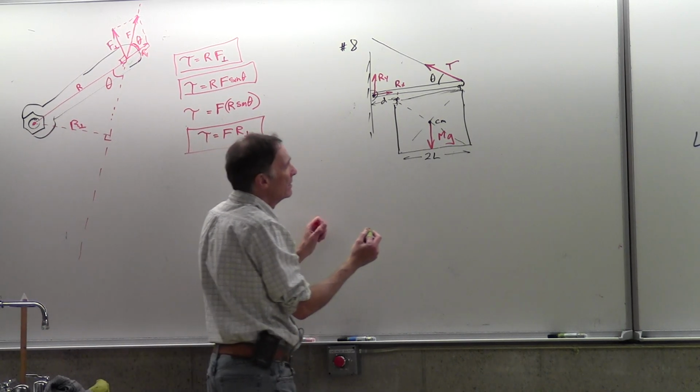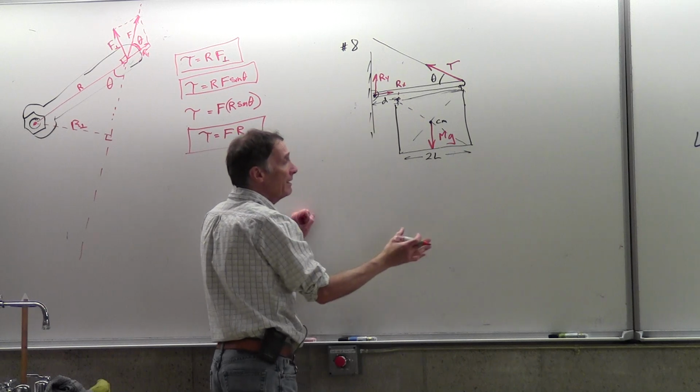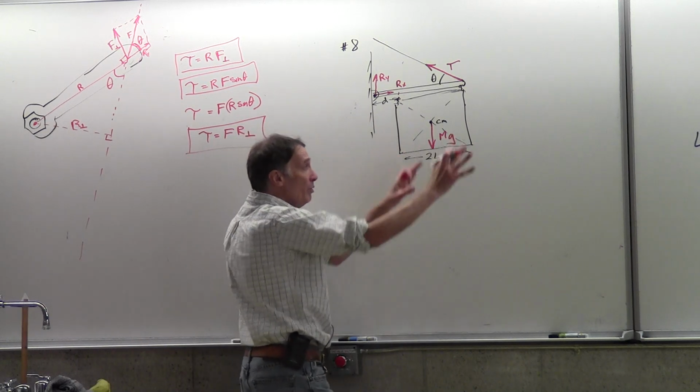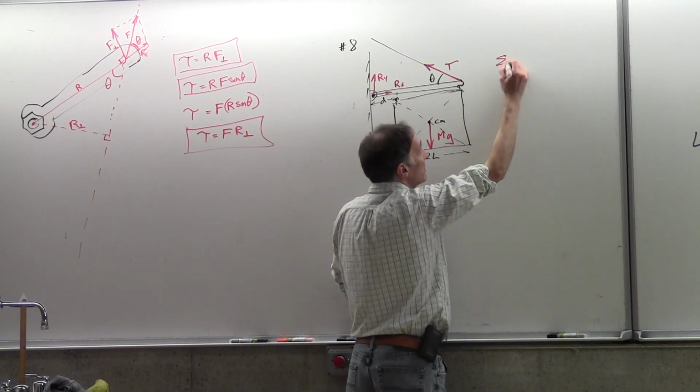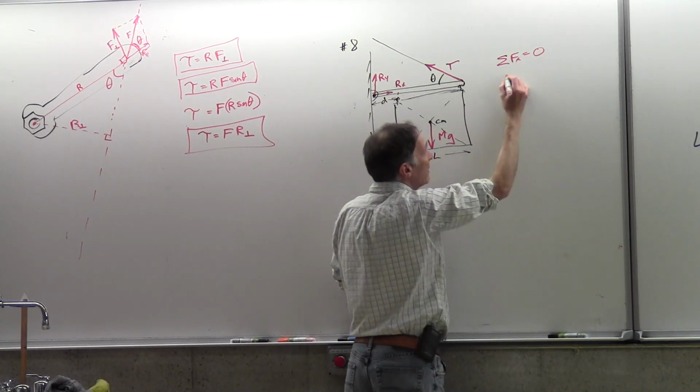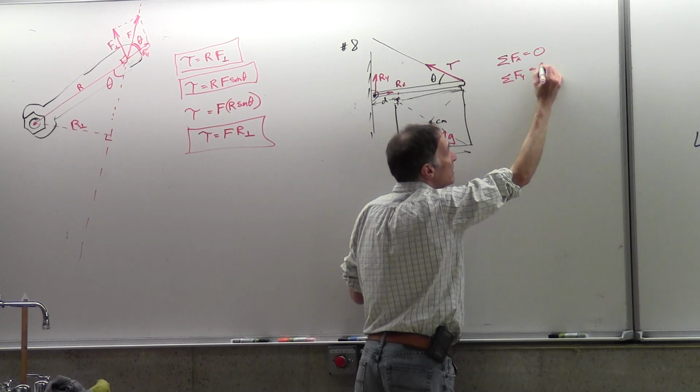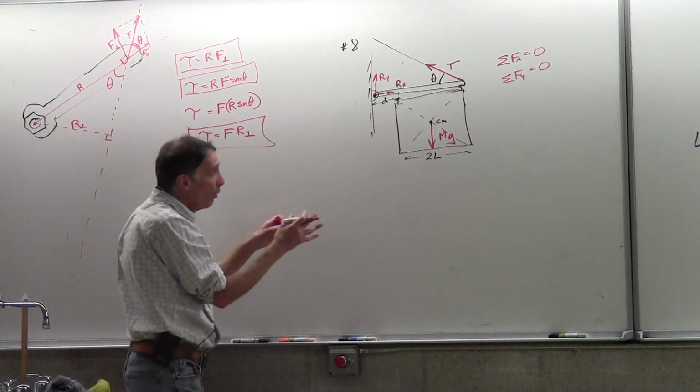The idea is the thing is static. It doesn't translate or move around. So the sum of the forces in the x has to be 0, and the sum of the forces in the y has to be 0. That's kind of old stuff for us.